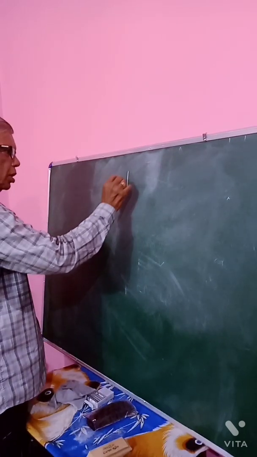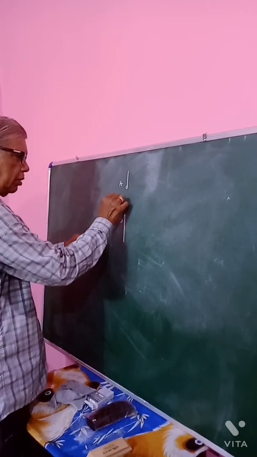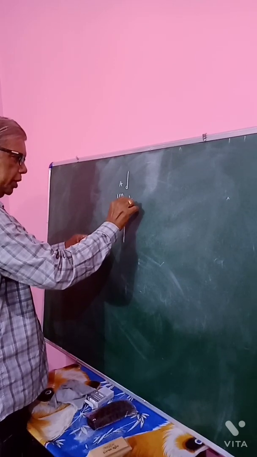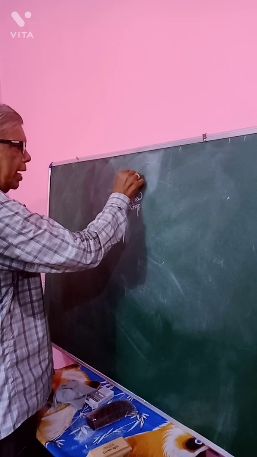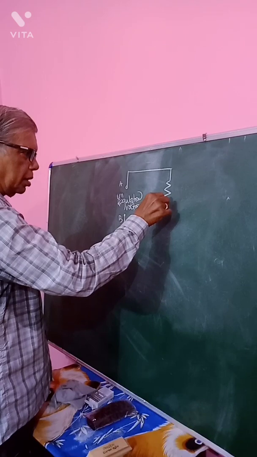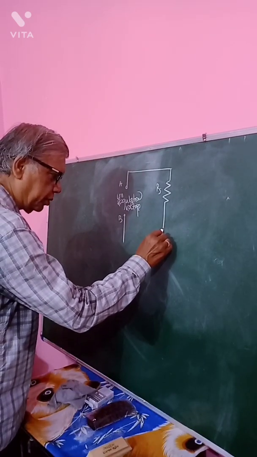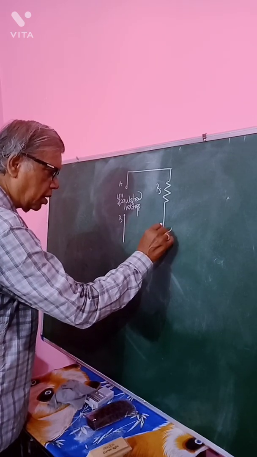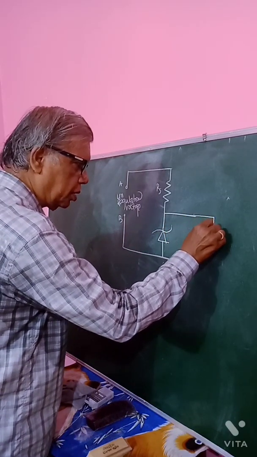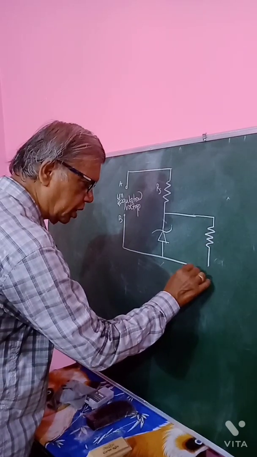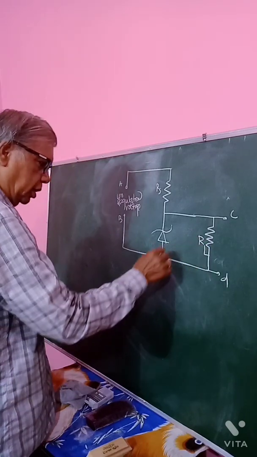Here, this is the unregulated voltage taken between the terminals A and B. It may be from the output of a rectifier, and this is a series resistor, say RS, and here we have a Zener diode, and like this it is connected, and there is a load resistor RL, across which the regulated voltage will be obtained, say at the terminals C and D.